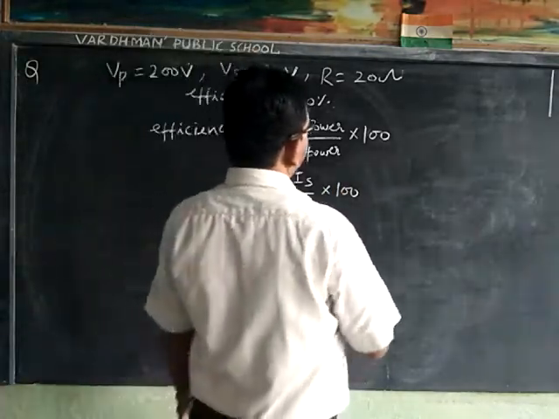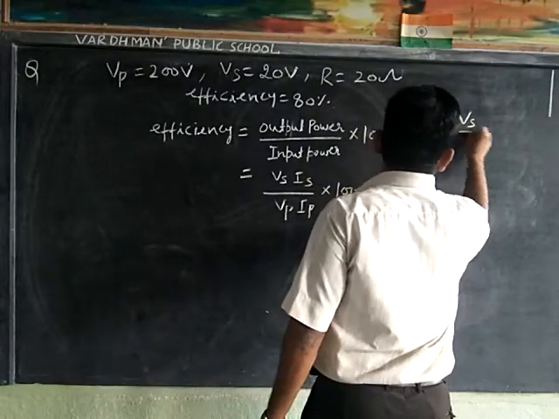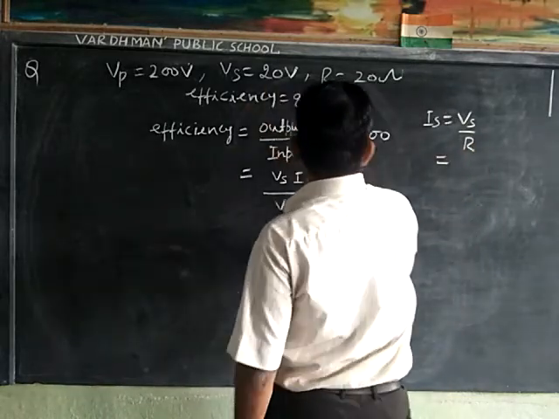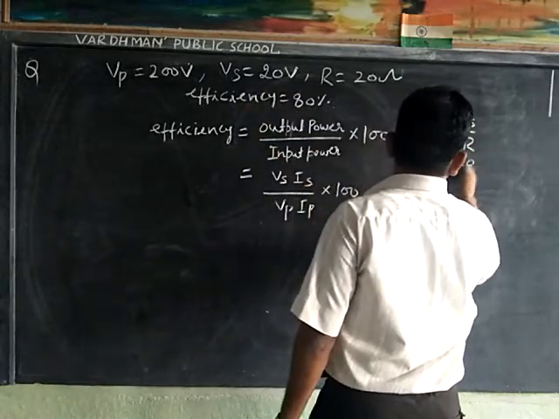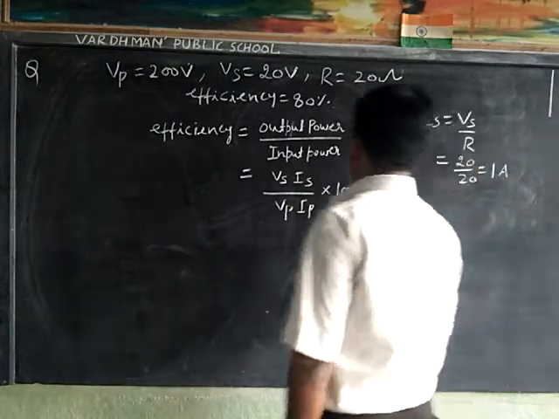Now Is is equal to Vs upon R, that is 20 upon 20, which is 1 ampere.